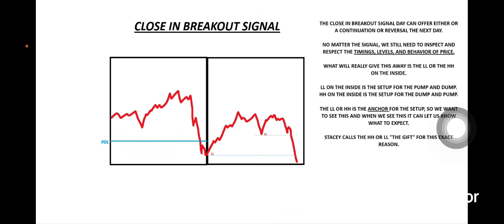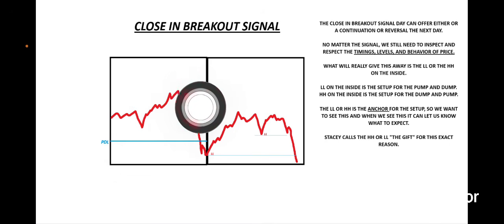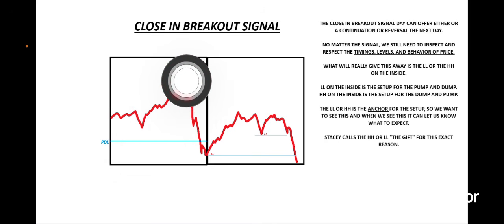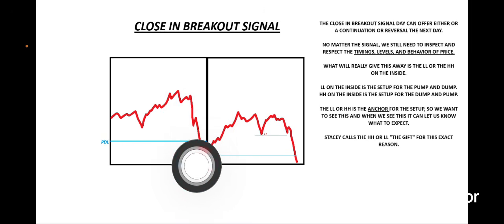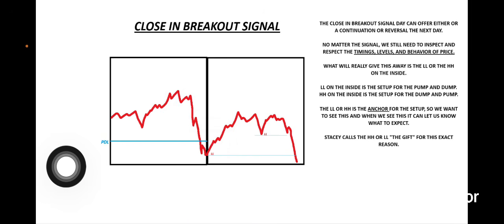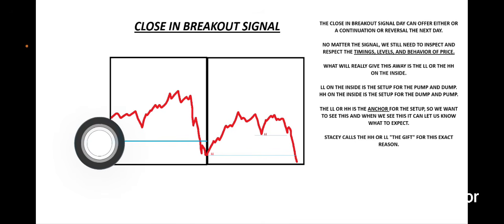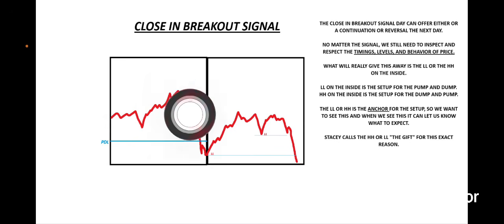Now, in this example here, let's take a look at this. We have our previous day's low marked off. So you can see this market has put in a high of the day level, locked that in place, and then traded straight down through the previous day's low and has closed in breakout. So the previous day put in a low at this level.